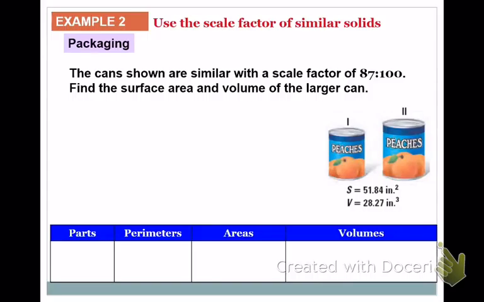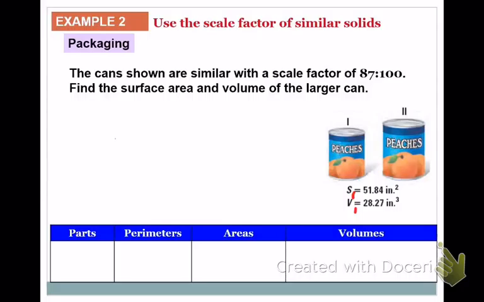So we're assuming these would be for the smaller can. This would be S1 and V1. So we know the surface area and volume of the smaller can. We have to find the surface area and volume of the larger can. So here's how we do it.